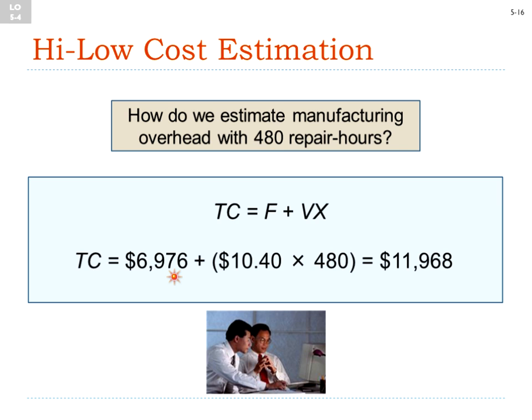We're using the fixed cost that we came up with, and the variable cost per unit that we came up with, multiplied by the 480 repair hour activity level, and we get a total cost of $11,968.